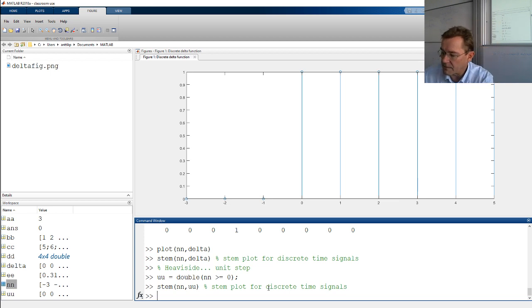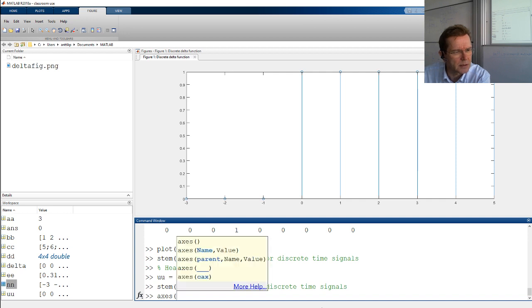If you're more familiar with typing commands, then you can also set the axis. Was it axis?